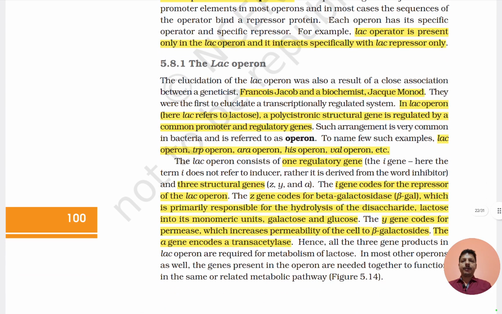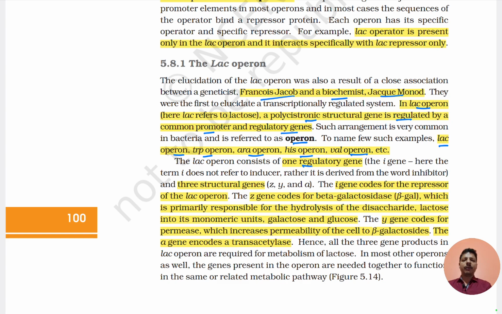Francois Jacob and Jacques Monod, two scientists, were the first to elucidate a transcriptionally regulated system. In the lac operon, a polycistronic structural gene is regulated by a common promoter and regulatory genes, and such an arrangement is called an operon. There are other examples: lac operon, tryptophan operon, ara operon, his operon, and val operons, etc.